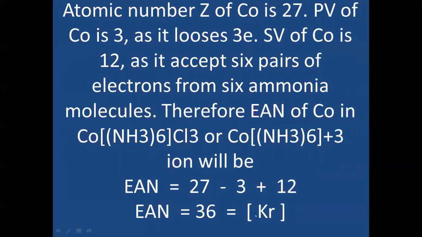So Z of a noble gas is equal to EAN. That's why we say that the EAN of a metal will be equal to the atomic number of a noble gas, or it will be nearly equal to it.